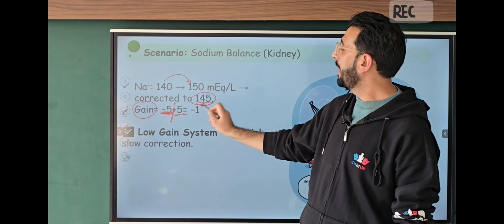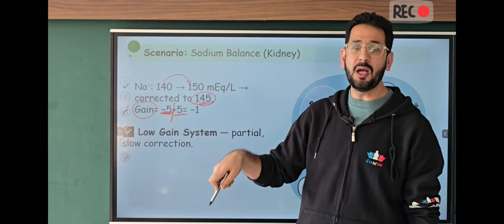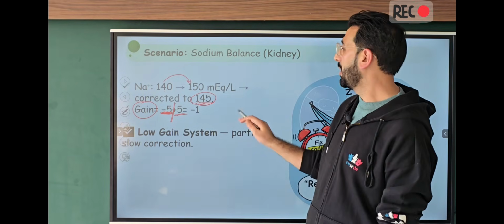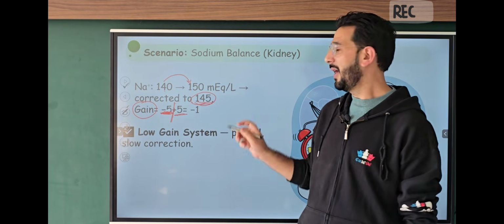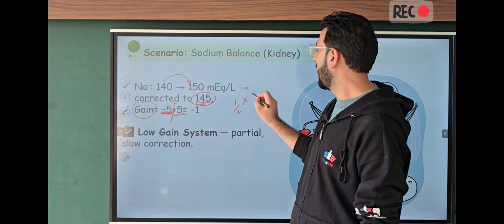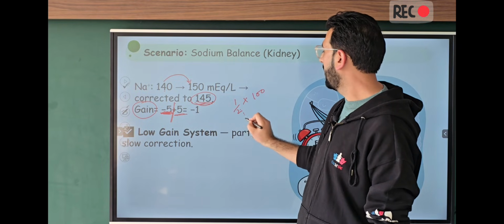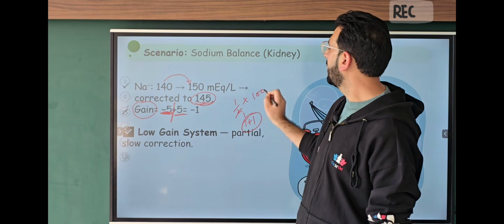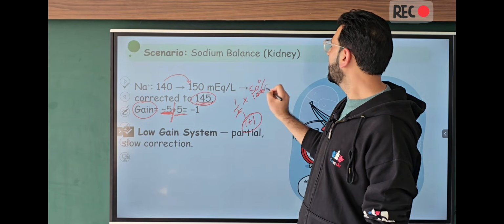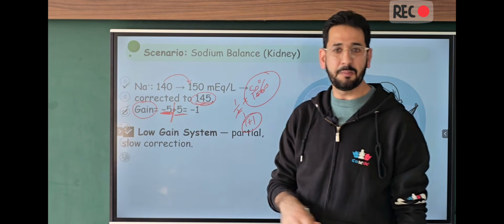Okay, and when we apply this in that formula of percentage, it becomes 50%. It becomes 1 by 2 multiplied by 100. This 2 is 1 plus 1. So it becomes 1 by 2 into 100, which is 50%. So it is the low gain as compared to the other two.